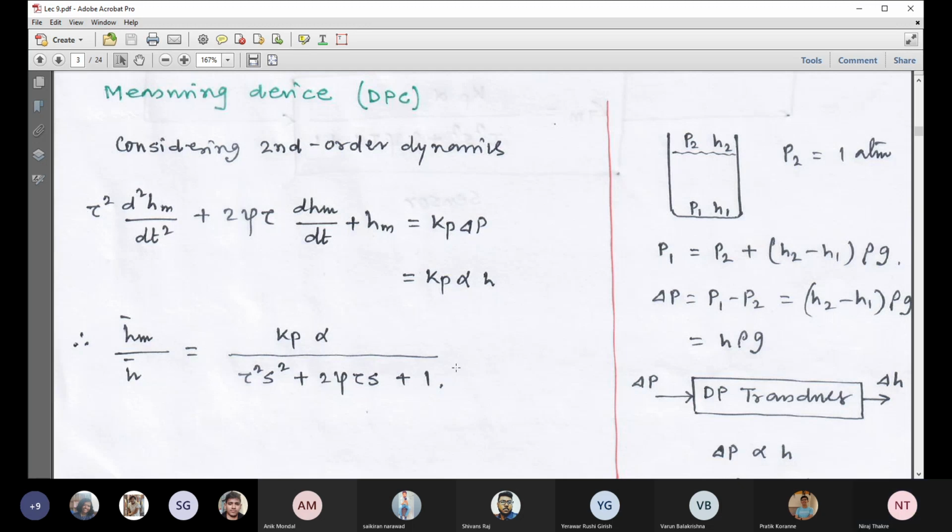Here the input is H and the output is HM for the differential pressure cell. The liquid height, the original height, is the input, and HM, which we get through measurement, is the output. And this is the internal mechanism of the DP cell.